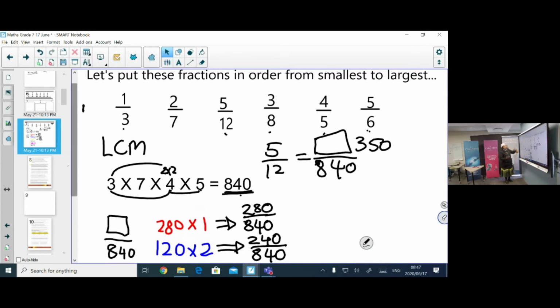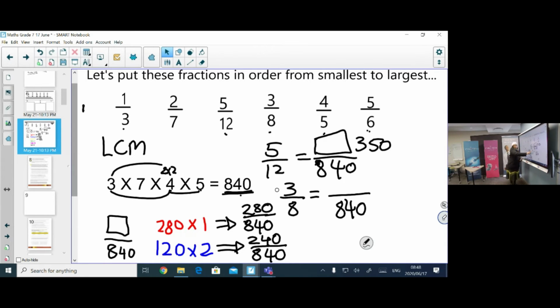The next one, we are having 3 over 8, over 840. 840 divided by 8. Check quickly with your calculator. Divided by 8, we get 105.